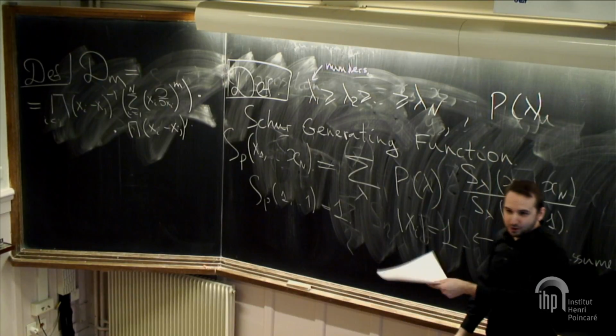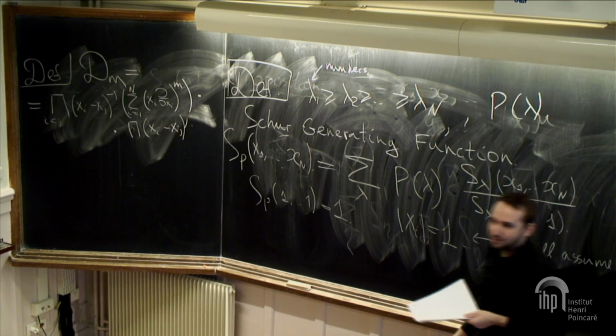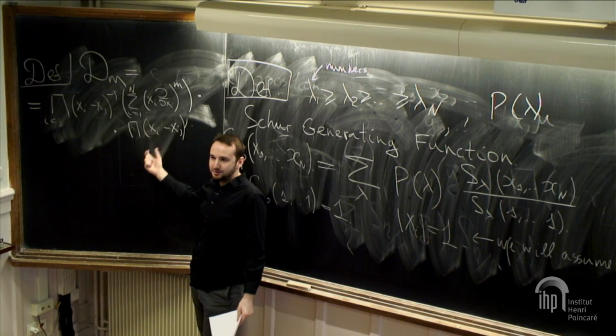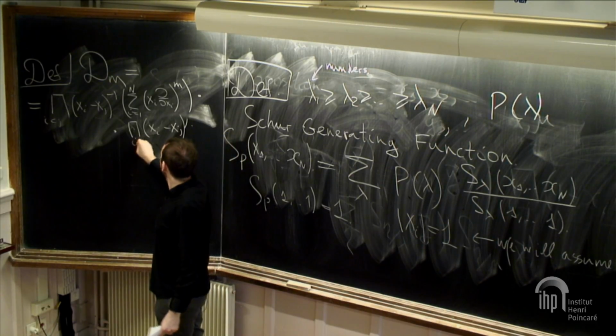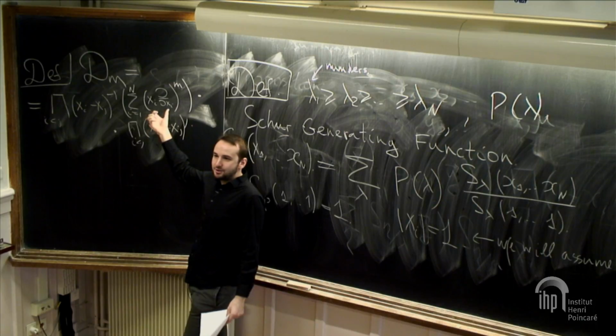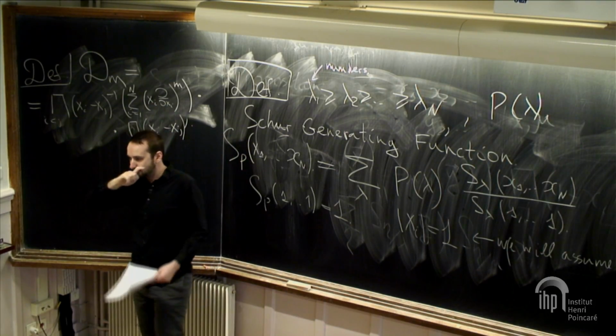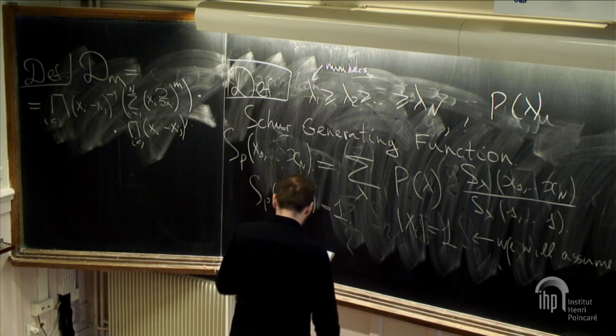So in other words, how does this operator act on a function? First, it multiplies the function by the product of the differences of all the variables. Then it acts by this differential operator, and then it divides back by this product. So that's how it works.